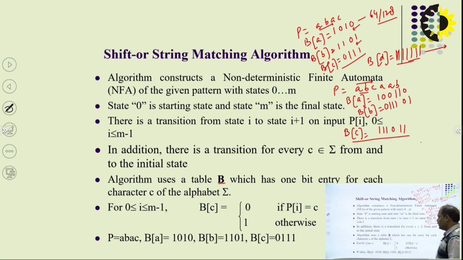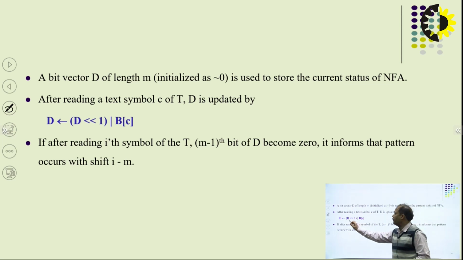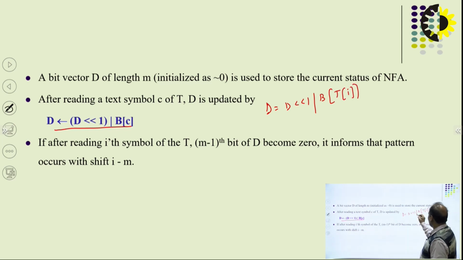Once you are done with this, we can use the algorithm to match the pattern inside the text. So what is that algorithm? You see, this is the algorithm: D is D left shifted by 1, bitwise OR B of the particular text character I. What is D?